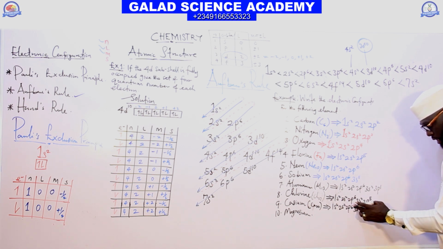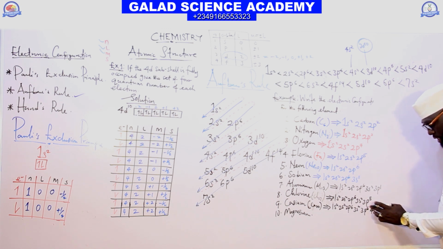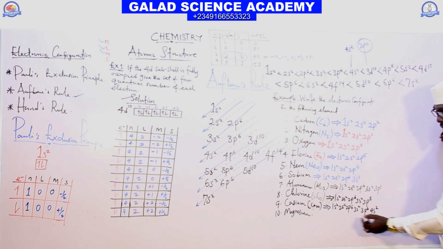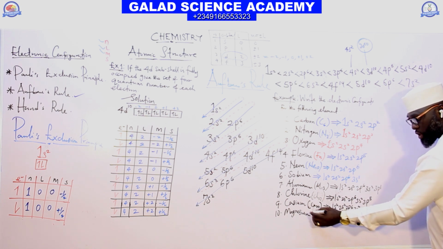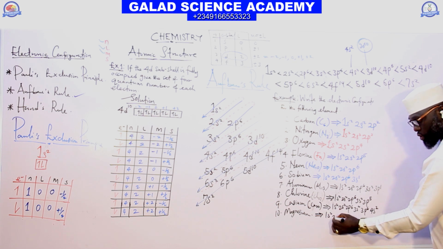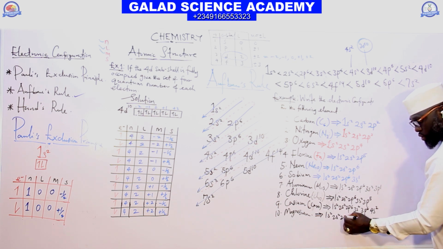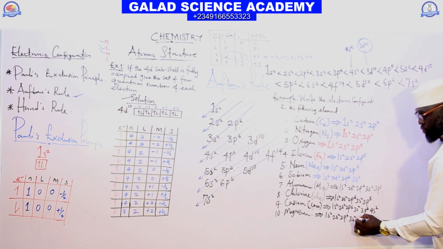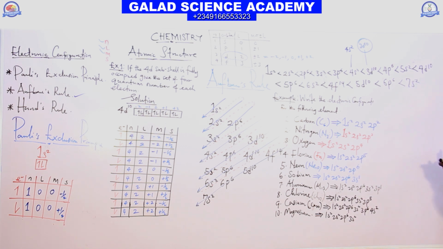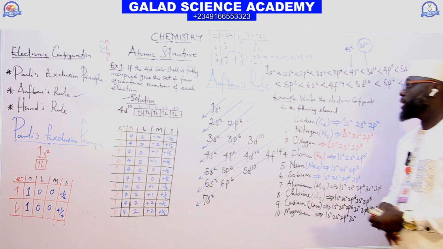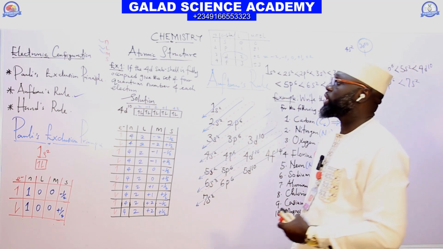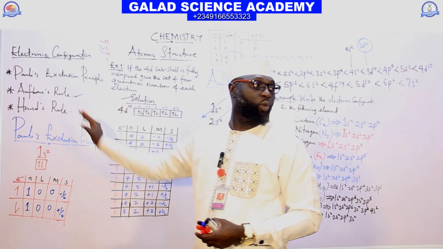This is 12, 12 plus 6, 18, plus 2 is 20. Then for magnesium, it's 12: 1s2, 2s2, 2p6, and 3s2. That is how we use the Aufbau rule. Let us treat the last one.